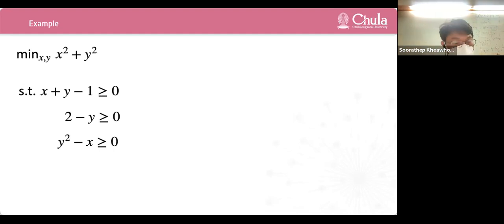So the point is, you don't know whether a constraint is active or not. A constraint being active means this constraint becomes equal: instead of greater than or equal, it becomes equal. It belongs to that line, surface, or plane. For example, the second one, 2 minus y must be greater or equal 0.